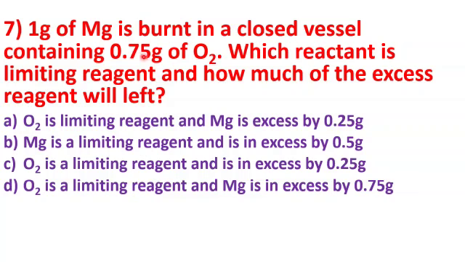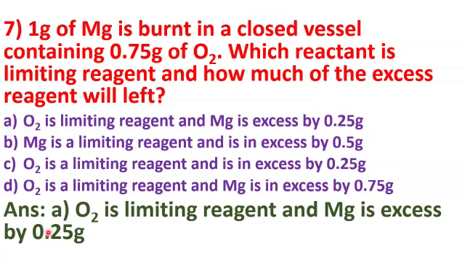So 0.75 gram of O2 will react with 0.75 gram of Mg, and the remaining Mg is 0.25 gram. So the limiting reagent is O2 and Mg is in excess, and the remaining portion of Mg is 0.25 gram. It matches option A. So the answer is O2 is the limiting reagent and magnesium is in excess by 0.25 gram.